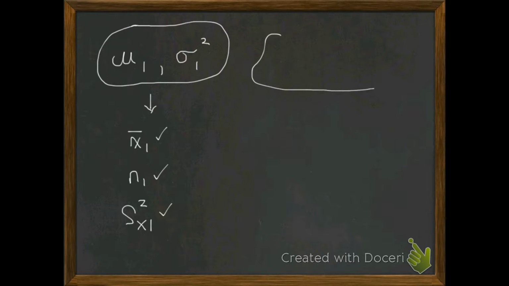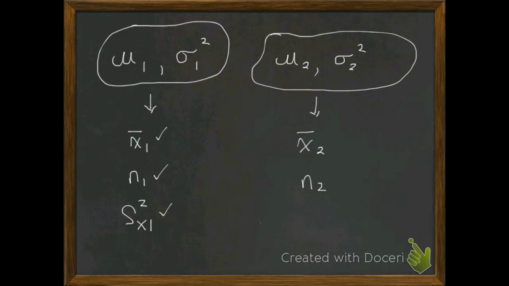From the other population, again with mu sub 2, unknown population mean, and variance, we do the same thing. From sample size n2, we would calculate a mean, and we would also be able to calculate the variance from this population.